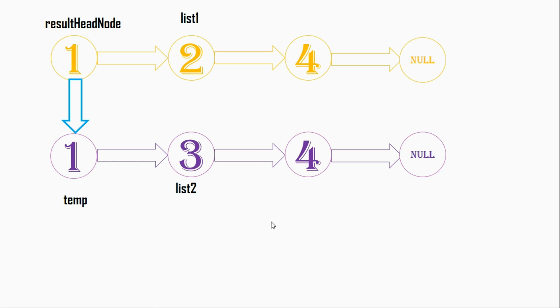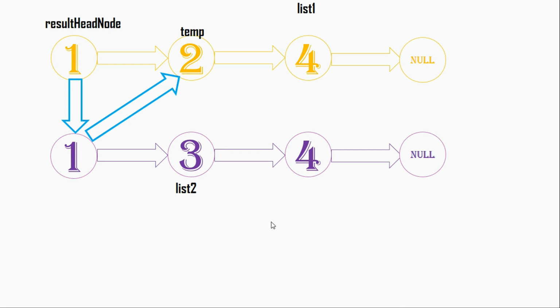So my temp will point to list 1 and list 1 will move to the next node. That means my list 1 node is node 4. And at the end we will move temp to temp next. That means my temp is now node 2.